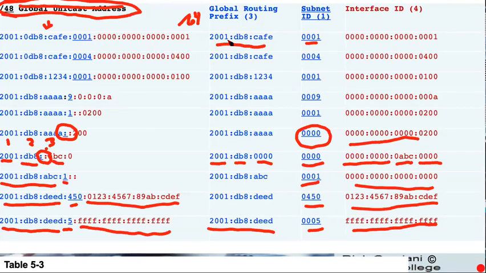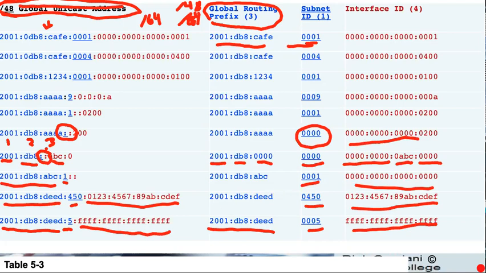I don't know if you're seeing that, but sometimes it's moving what I'm sharing with you. Our global routing prefix is the /48. That's what our ISP assigns us, but our subnets, our prefixes, are /64s, with a 16-bit subnet ID.